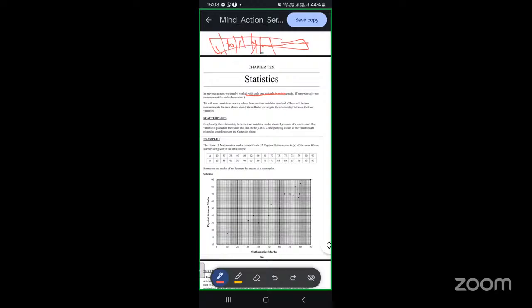And then what is the median? The median is the middle. So yeah, the middle, after you arrange the data. Yes, sir.